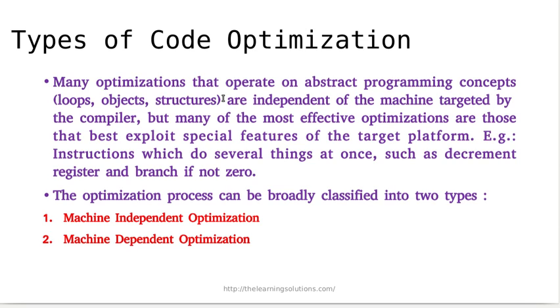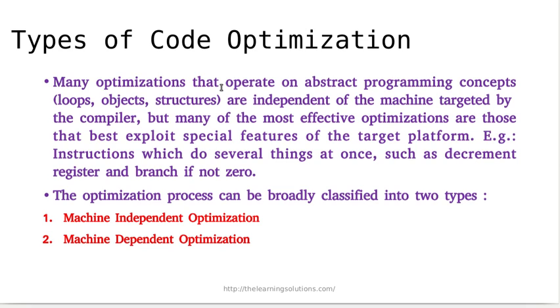So there are a lot of concerns with machine dependent optimization, whereas in machine independent optimization no such concerns are there. The optimization process starts directly, goes through various phases, applies at different areas of the program, and performs the optimization.